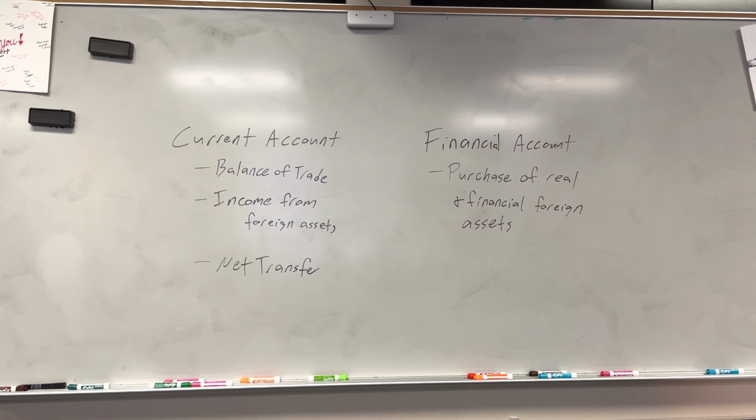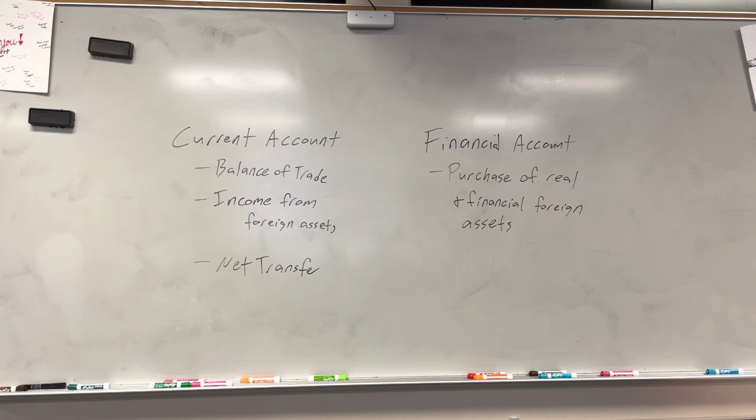So when I buy stocks in some other country, that purchase would be a debit to the US financial account because money is leaving the US and going to another country to buy financial assets, I mean stocks. When I get income from those stocks, the income would fall into the current account, but the purchase of the stocks is under the financial account.